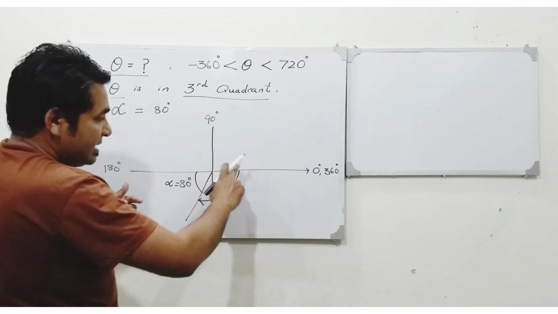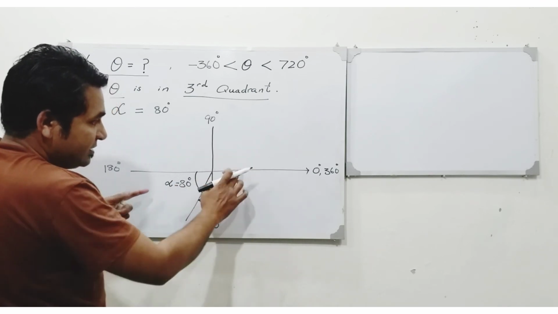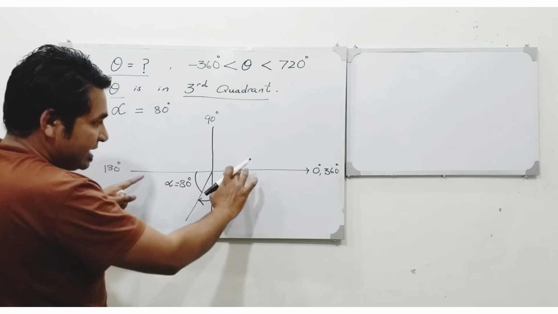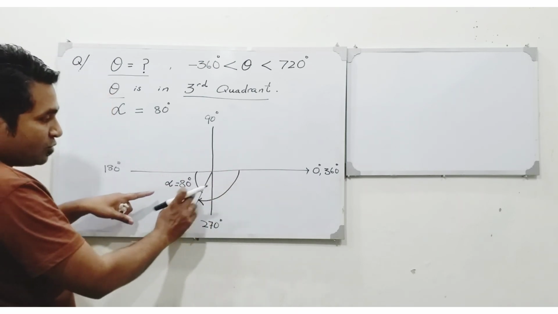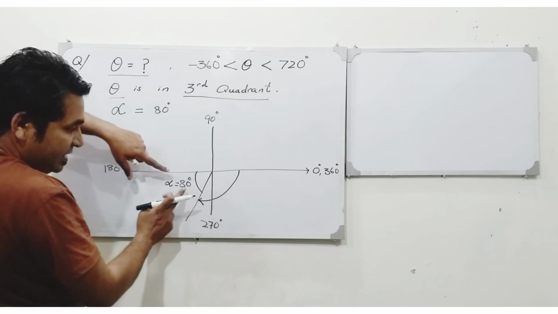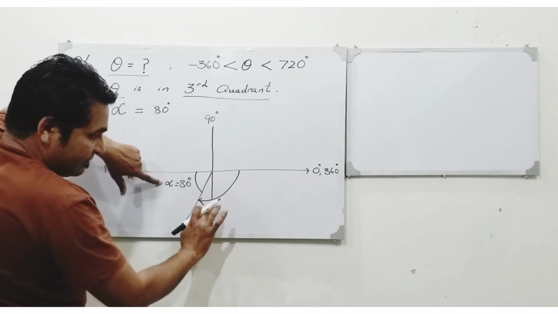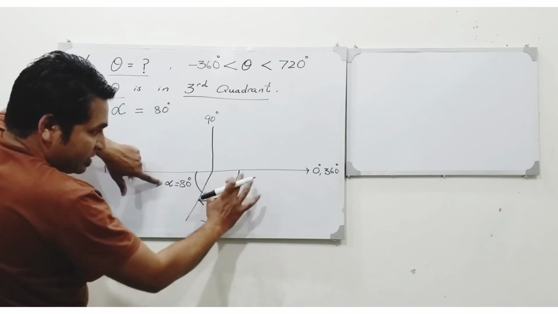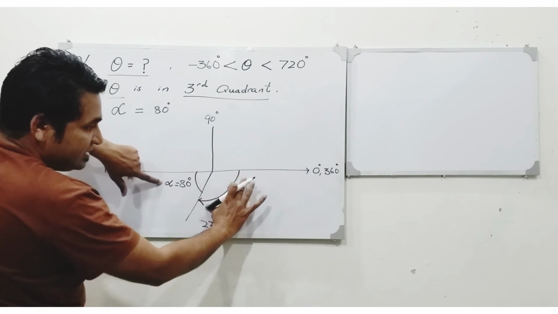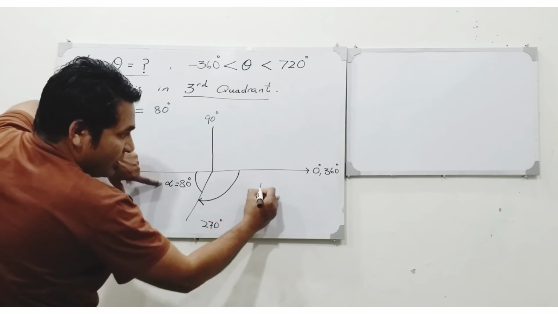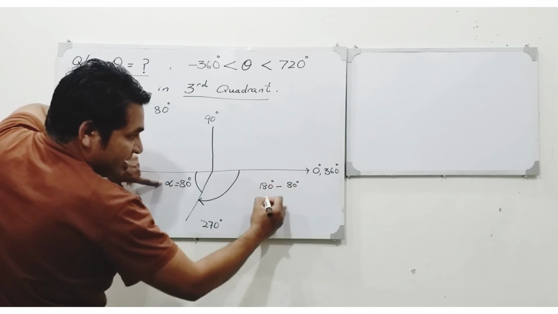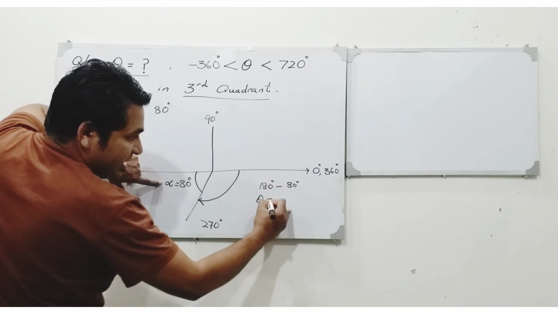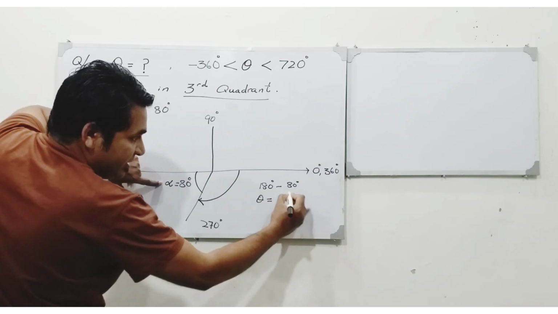But when we are going in clockwise direction, obviously this will become a straight line. The complete angle will be 180 degrees, and out of that we are supposed to find this angle, the value of this angle. Obviously this angle is equal to 180 degrees minus 80 degrees, which is further equal to 100 degrees.